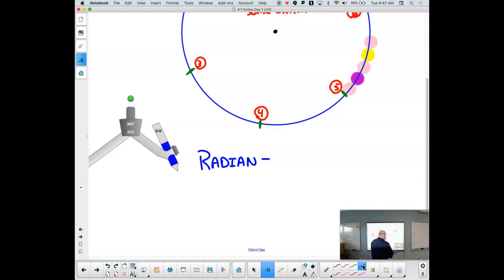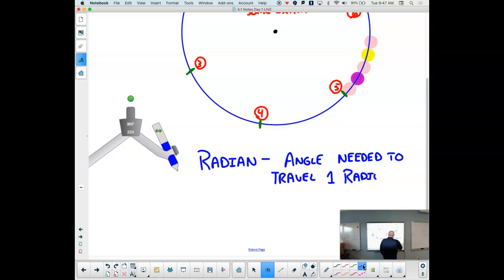A radian is the angle, because remember, with trig functions, our inputs are angle measures. It's the angle needed to travel one radius on the circle.